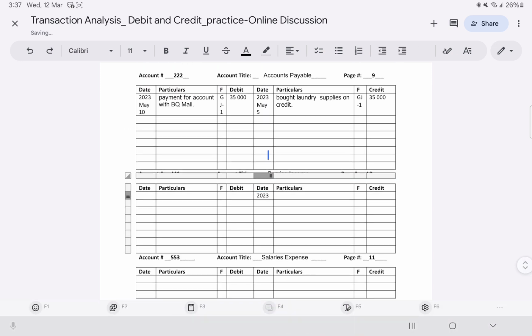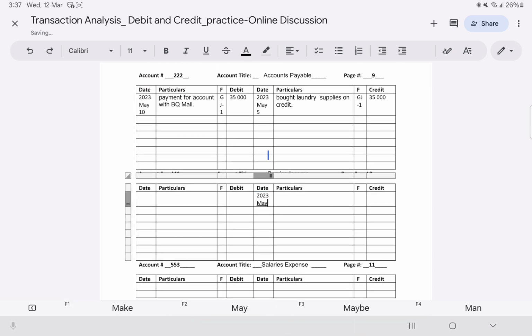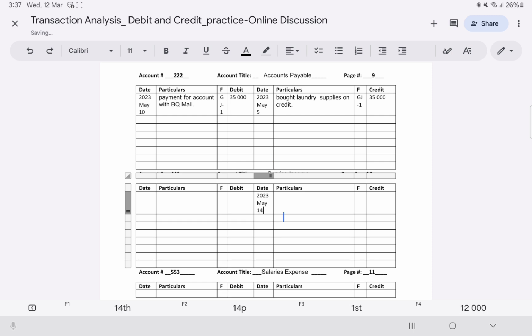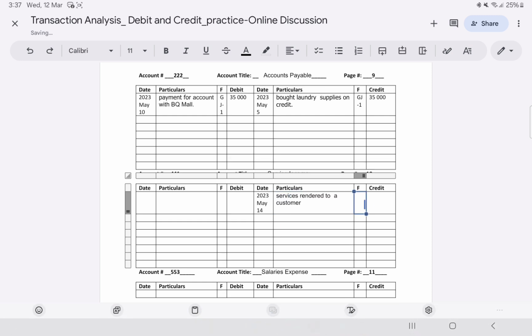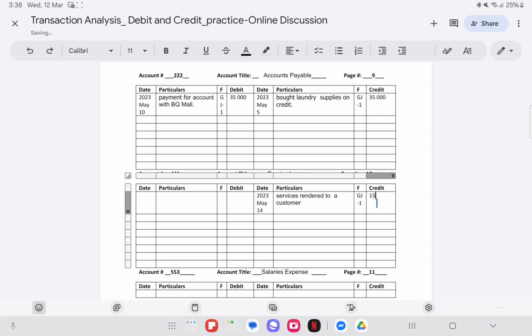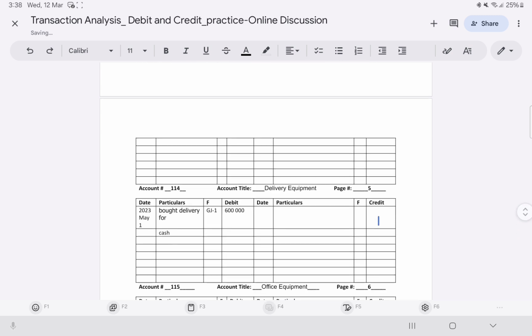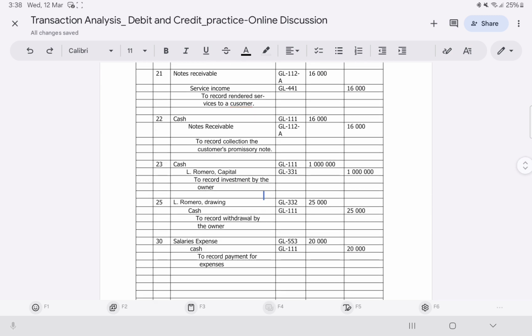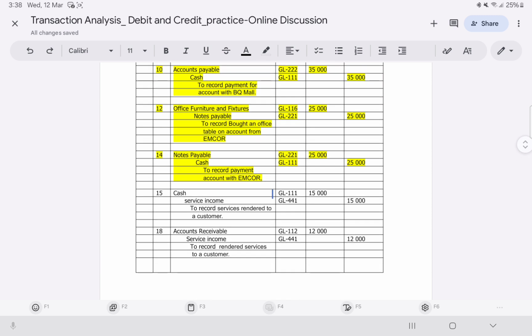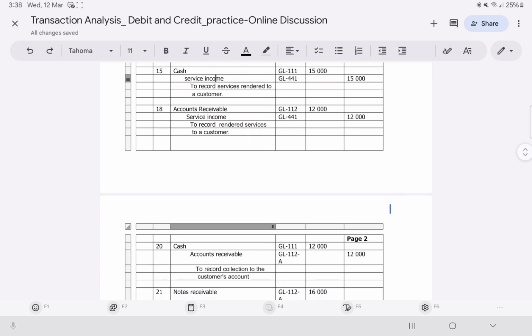Our credit, May 15, if I'm not mistaken, GG1 and 15,000. Okay, so I'm going to check again. May 15, 15,000.